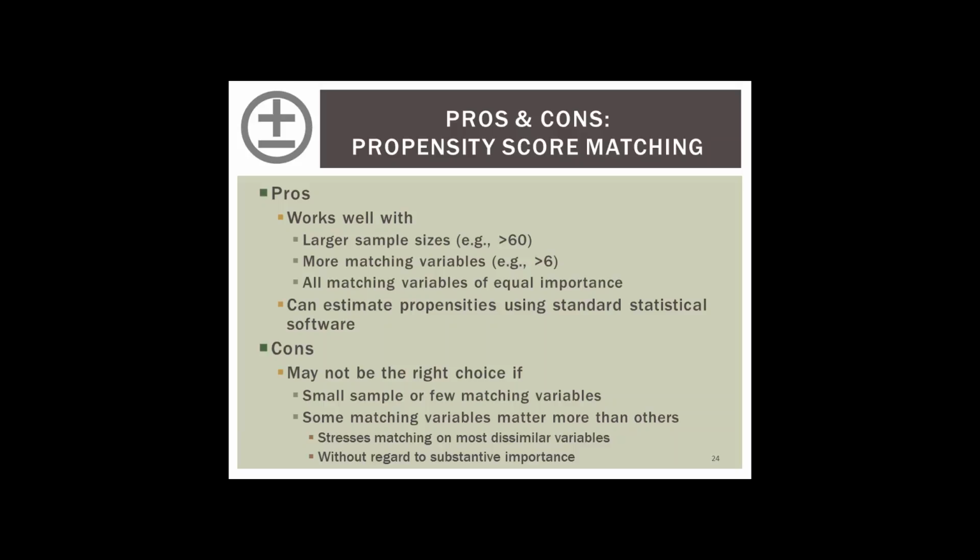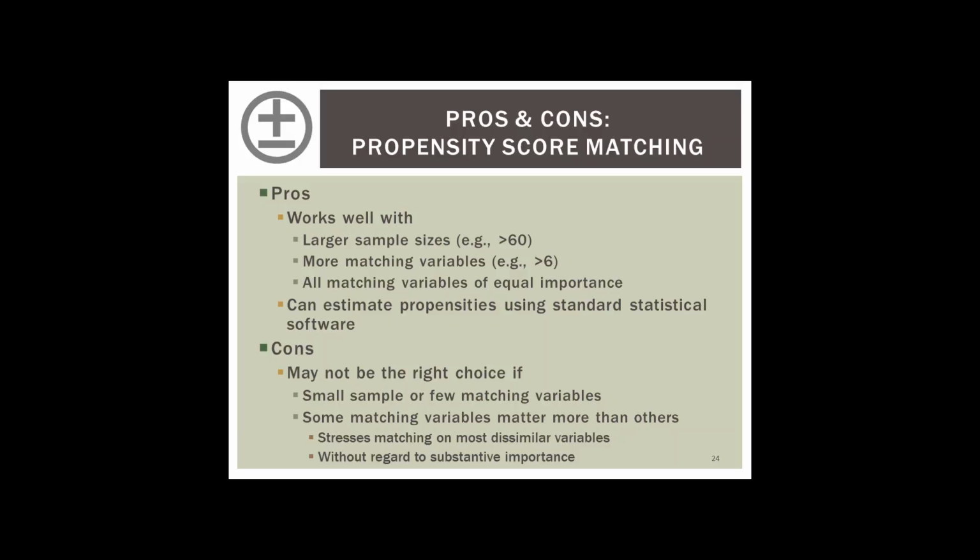It might not be the right choice if you have very few matching variables or small samples, or if some matching variables matter more than others. If you want closer matches on some or looser matches on others, this might not be the best distance metric to use.